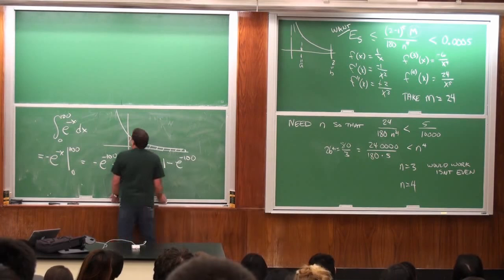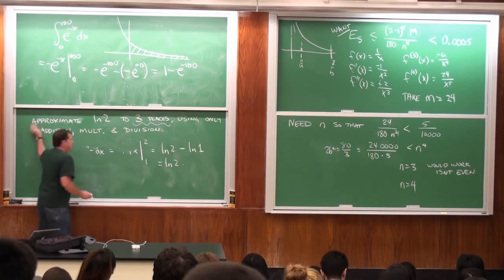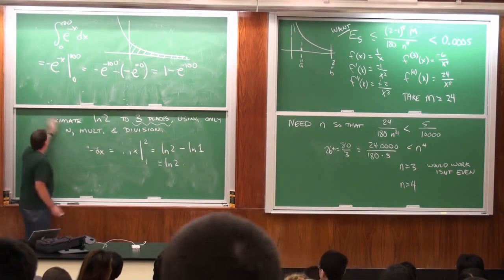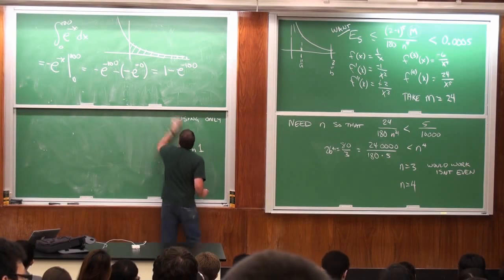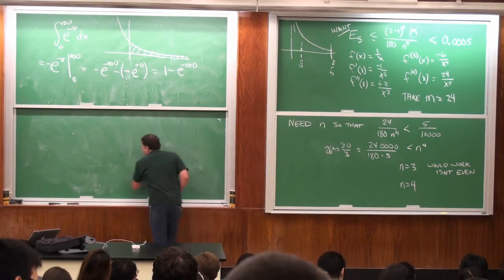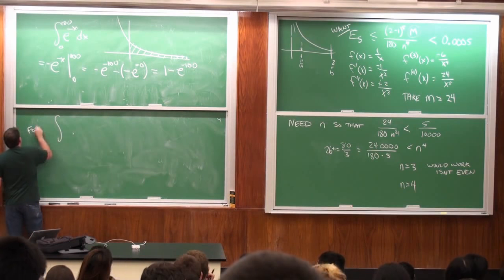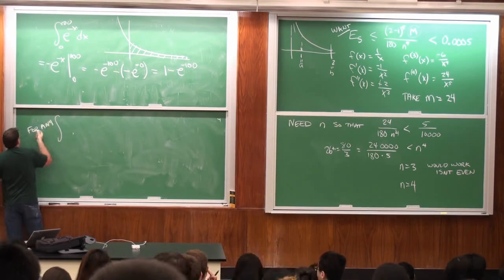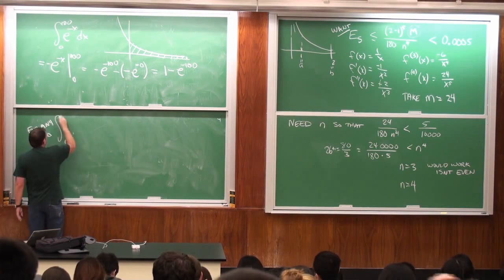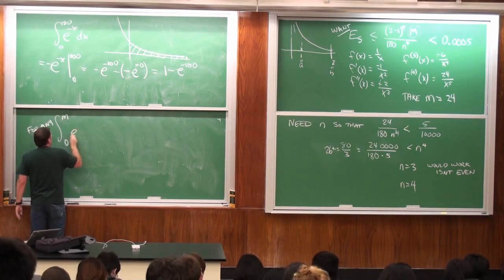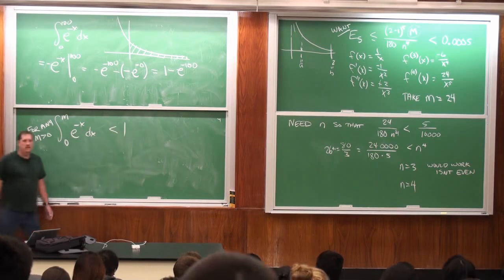So, the statement is that for any m bigger than 0, the integral from 0 to m of e to the minus x dx is always less than 1.